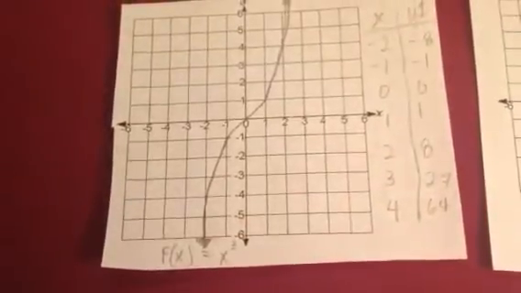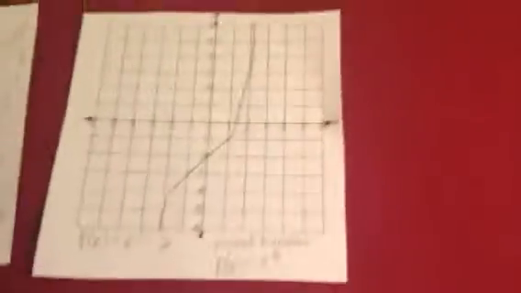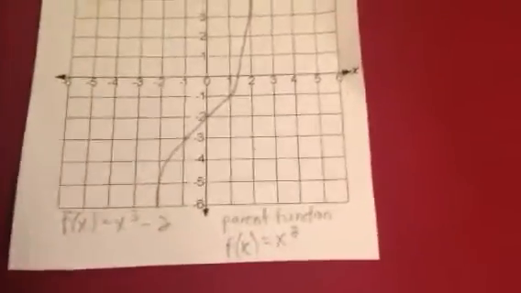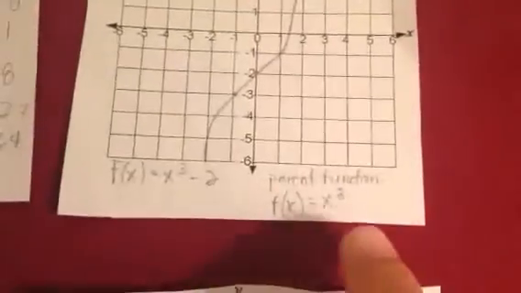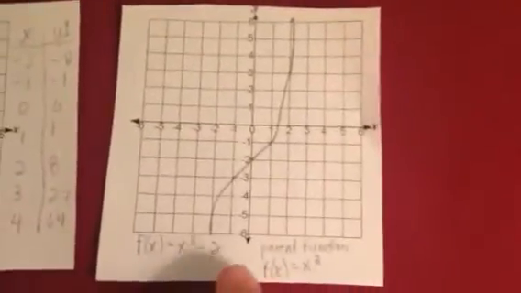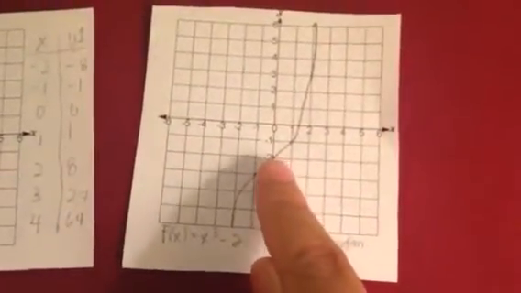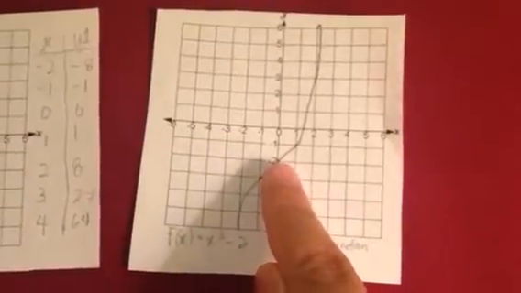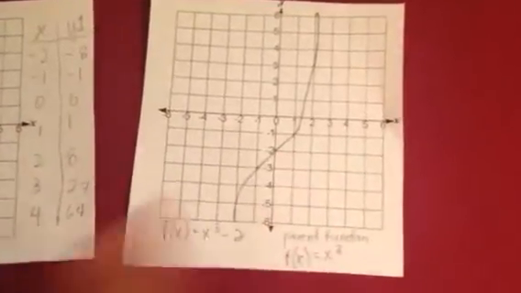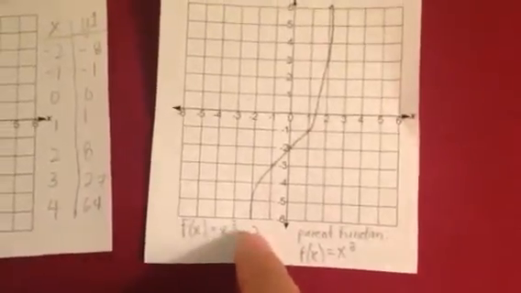Here's the table, there's the graph, and there's my equation as I showed before. I wrote my parent function down so I wouldn't have to look at the other one. So this is my parent function, and the transformation is that we have -2. So right here where it meets the y-axis, it starts at -2. So there you go. That's the transformation.